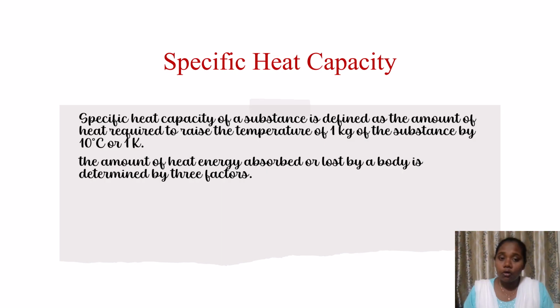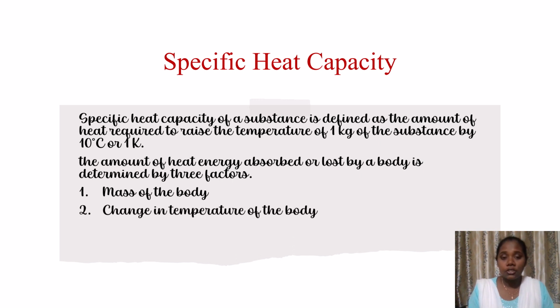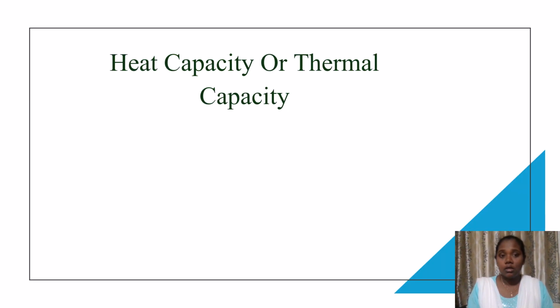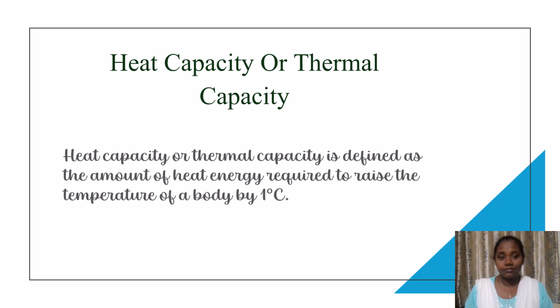The amount of heat energy absorbed or lost by a body is determined by three factors. They are the mass of the body, the change in temperature of the body, and the nature of the material of the body. Now let's see about heat capacity or thermal capacity.